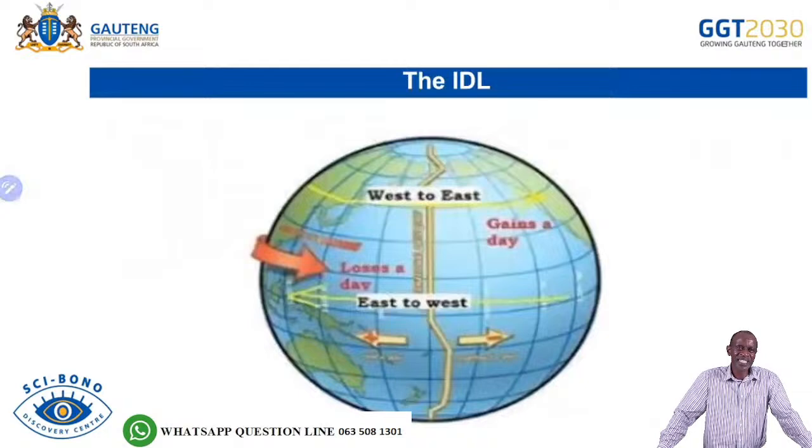So to accommodate such countries, the IDL is not such a straight line, and alternatively it is bending where a country extends outside its time zone, to accommodate the rest of that country to have one day in 24 hours.